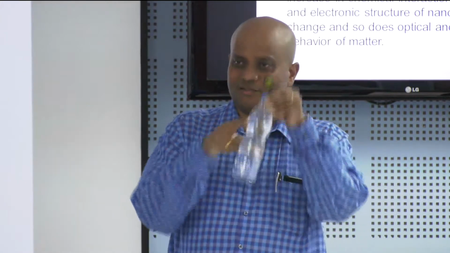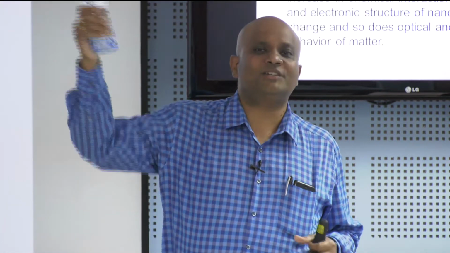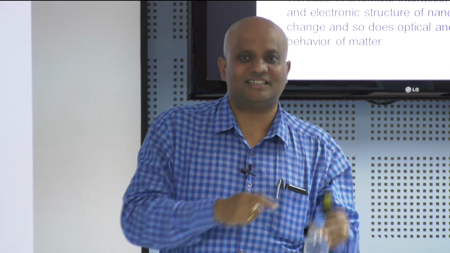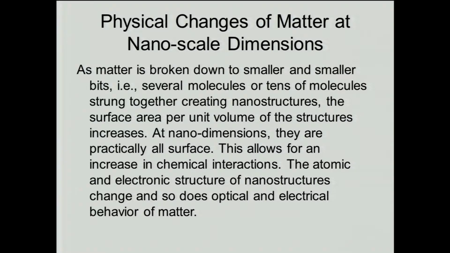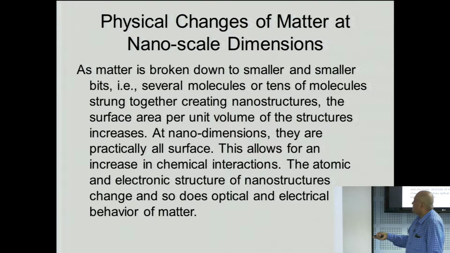You have to find the ratio of how many molecules are there in the volume versus how many are on the surface. For nanomaterials, more than 50% of the molecules are on the surface. For a bulk material, it is less than 1%, most of them are inside. So, that is a way to know when nanomaterials come in.